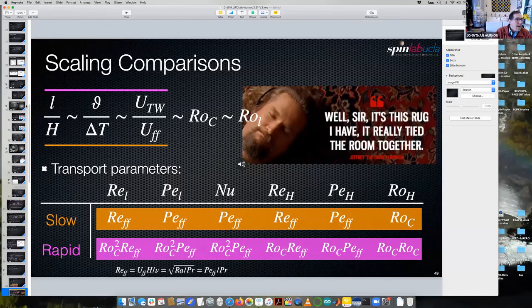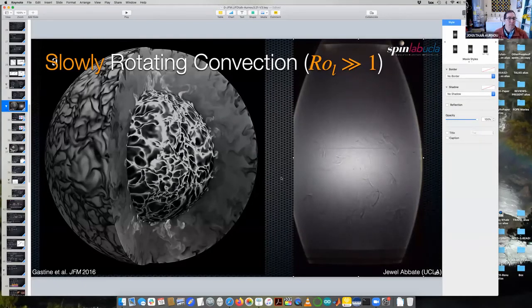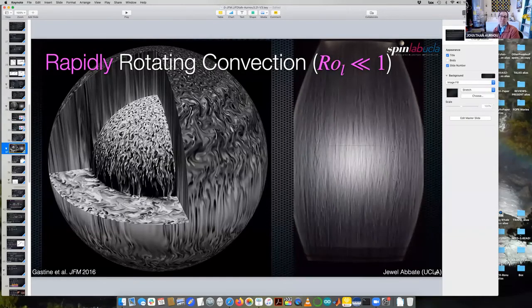I'm going to go back to this slide here. The flows in the slowly rotating or non-rotating system are really fully three-dimensional, massively. They're very turbulent, but fully three-dimensional with a large-scale overturning as well. In contrast, when you go to a rapidly rotating system, you're really going from Navier-Stokes to the curl of Navier-Stokes.